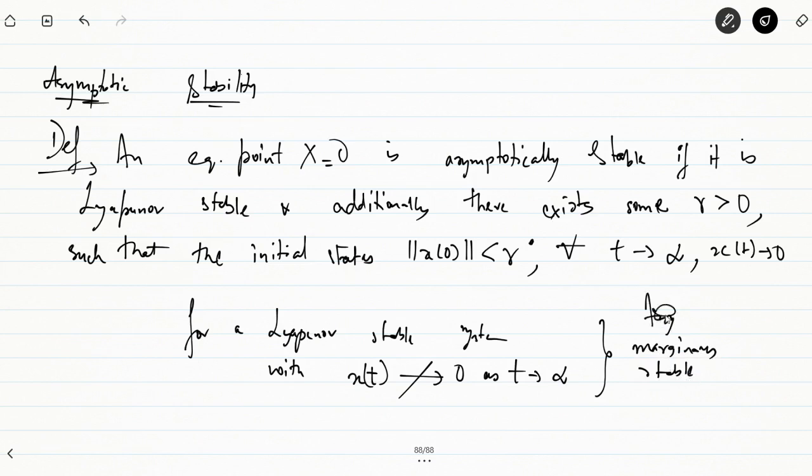It will not be asymptotically stable; it will be marginally stable when we talk in the perspective of asymptotic stability, but it is a Lyapunov stable system. So this is the second definition of stability for extended nonlinear systems.